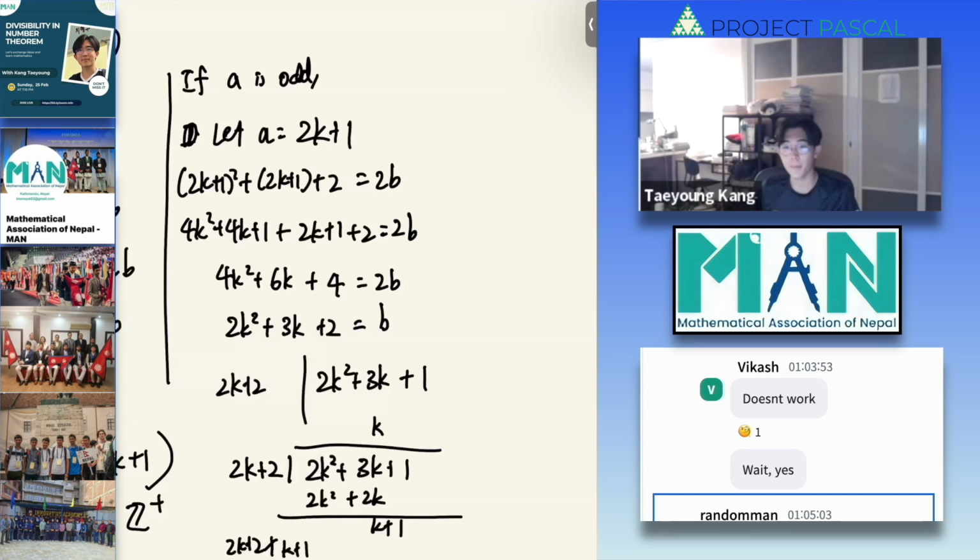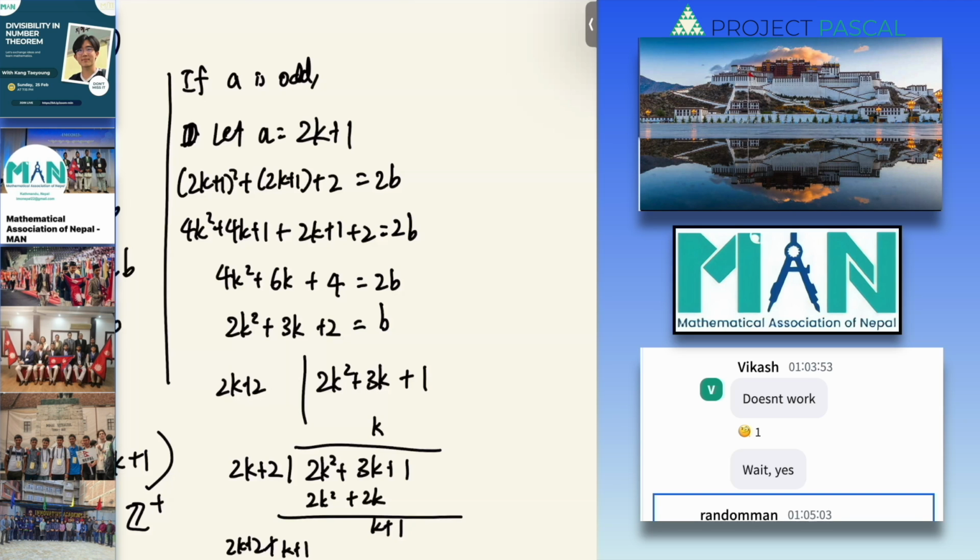Yep, that works. 4, 11 can be a solution. Okay.